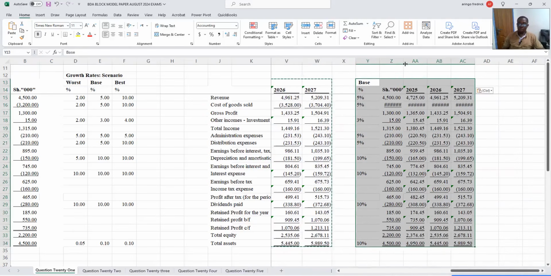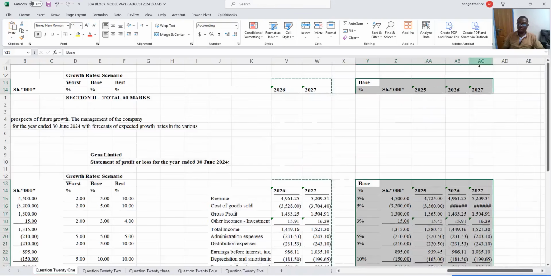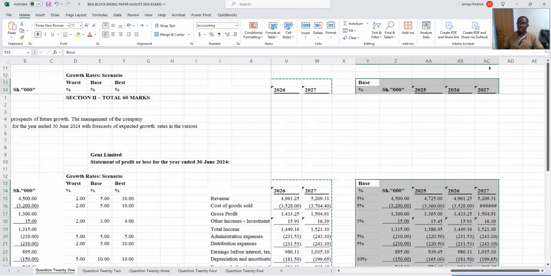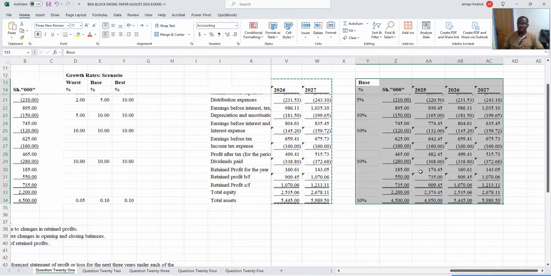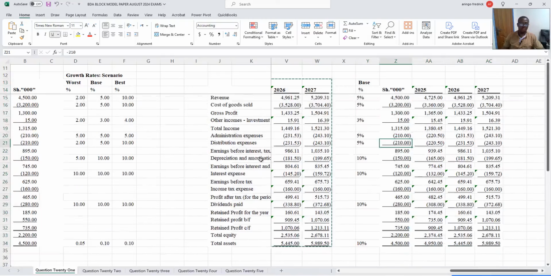So this time round, we are looking at the best case scenario. So the best case scenario percentages, this is what you're given.